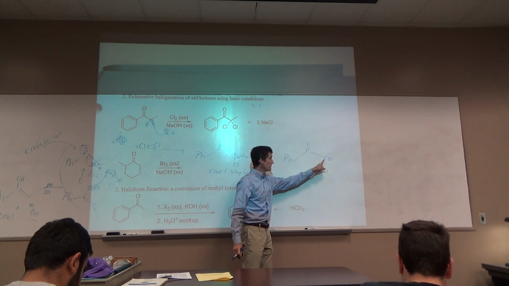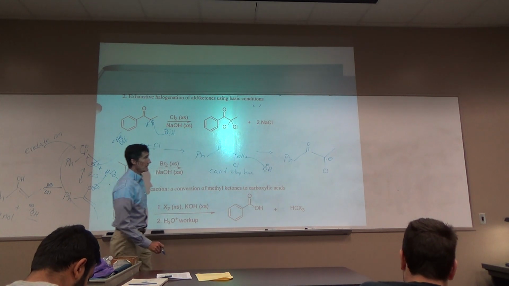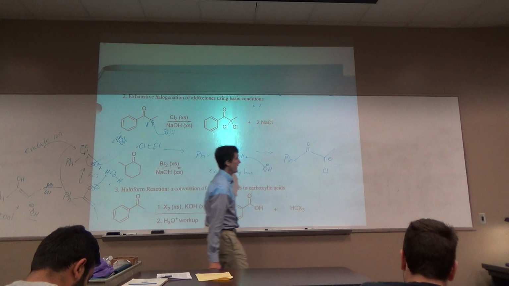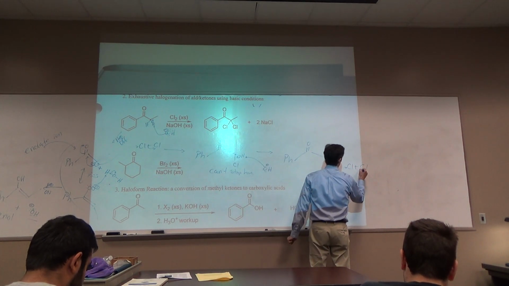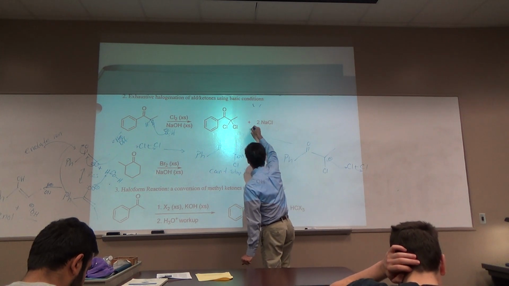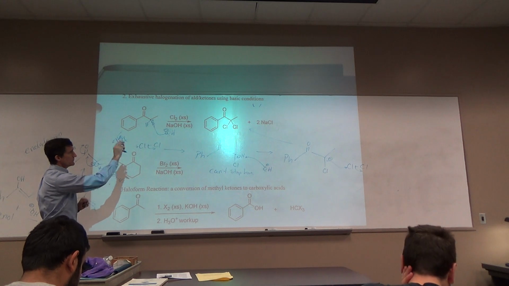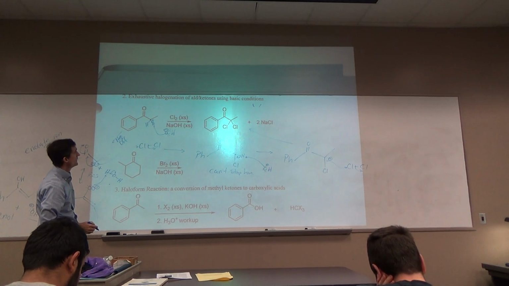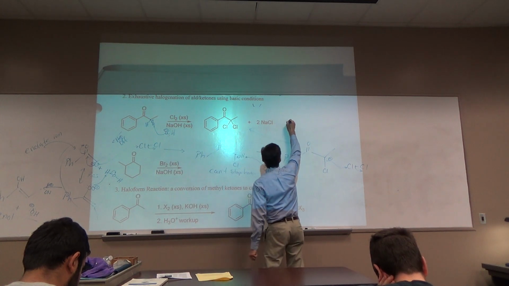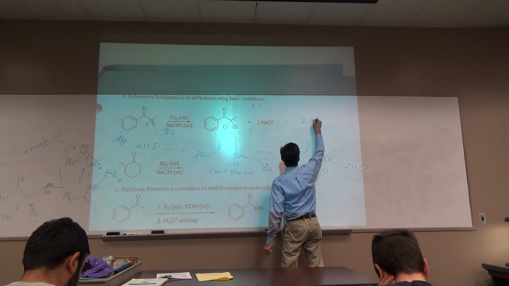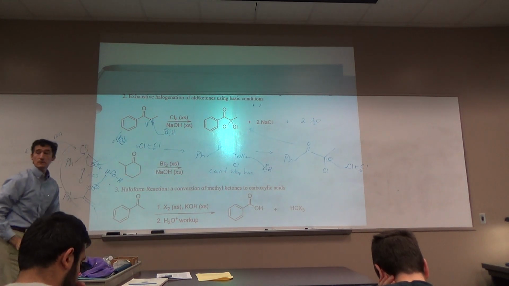I'm showing this resonance structure, but that's enolate too. Then we come in with another equivalent of chlorine, we just do this, and we get that. We make two chlorides. The sodium will sit with the chlorides. What do we also make if you completely balance this reaction? We also make two waters, because each time the hydroxide deprotonated, we made a water.